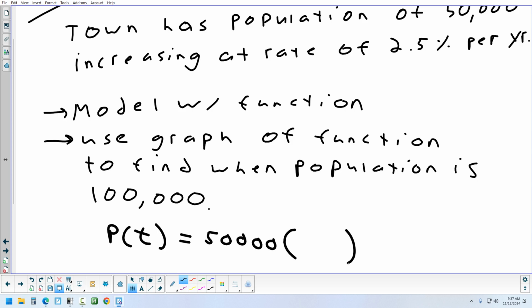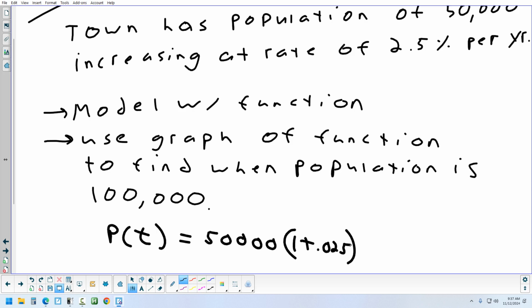And what's going to go in parentheses next to the 50,000? Yep. 1 plus 0.025. Yes. So you have to make sure you write your growth rate as a decimal. That's 0.025. And what about my exponent?